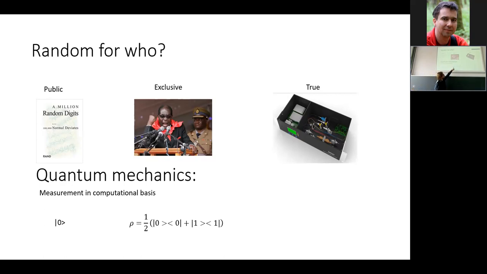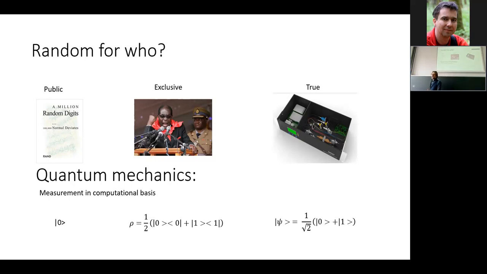He knows which it is. I don't, so for me, it's a mixed state. And true randomness, you probably guess it, is a pure state which is an eigenvector of a different basis. If I measure it in the computational basis, no entity in the world can predict its outcome. That's true randomness.